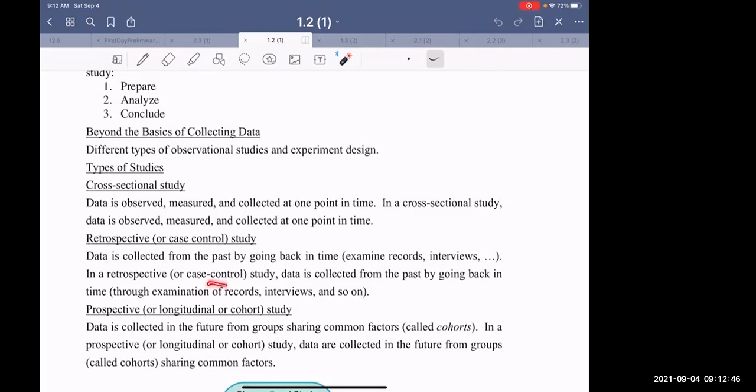Our control would be people that do not have that particular disease. And so maybe, let's say, in a case control, we have people who have lung cancer. And our controls are people who do not have lung cancer.